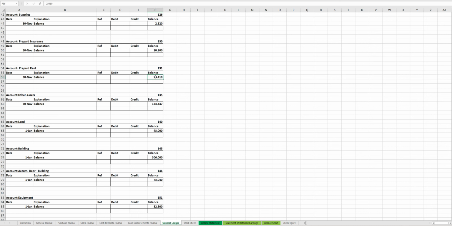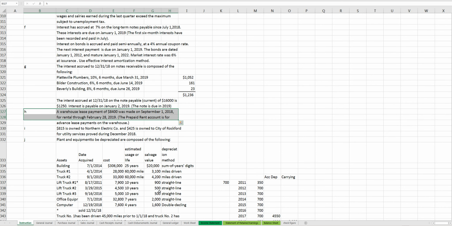Also, if you check the general ledger, the prepaid rent account has some existing balances, and all these are old. This balance is as of November 30th, so this balance already includes the prepaid warehouse rent.